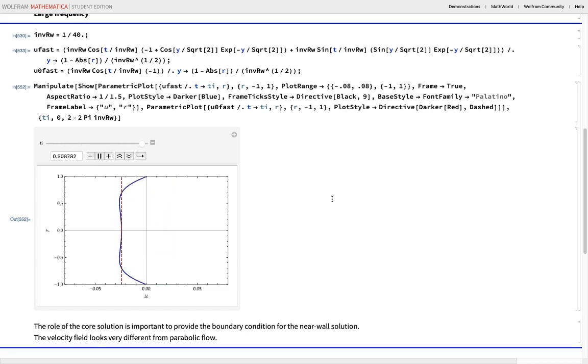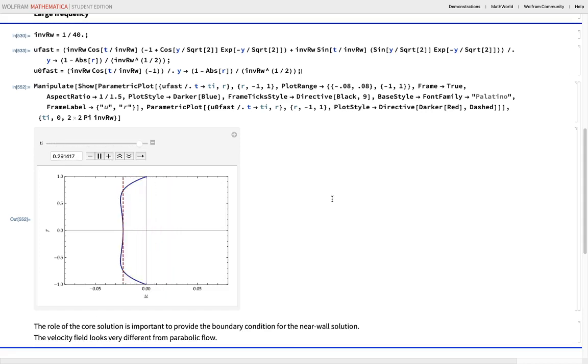So you see now that it's only close to the core region that you really attain the kind of flattened plug flow solution. But as you approach the walls, you have modulations to account for the fact that the drag on the walls becomes important and the viscous terms start to modulate and have an effect on the plug flow.